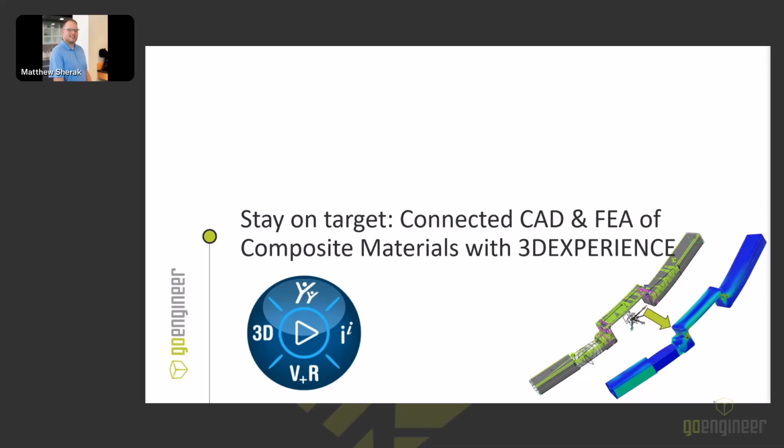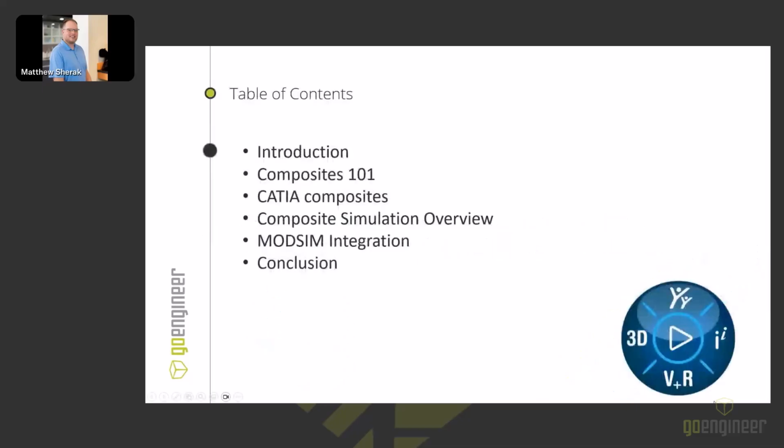All right. So, the agenda for today is we're going to start off with an introduction to myself and my co-presenter, and then we're going to get pretty deep into composites, really starting at a very ground level, and then we're going to build up the complexity as we go. We'll start off talking about CATIA Composites and how CATIA enables composite design.